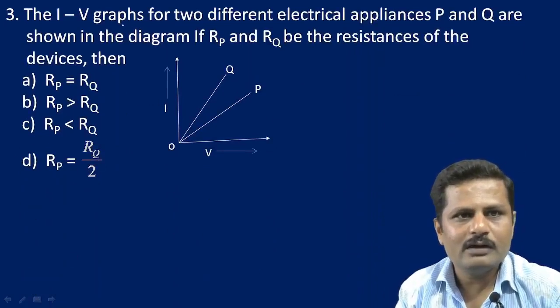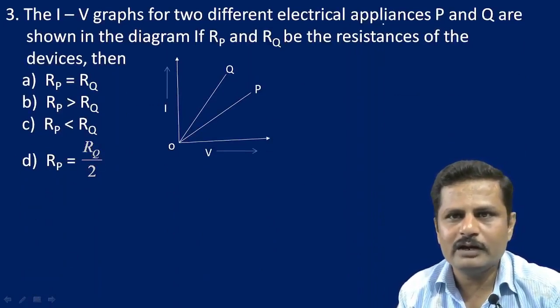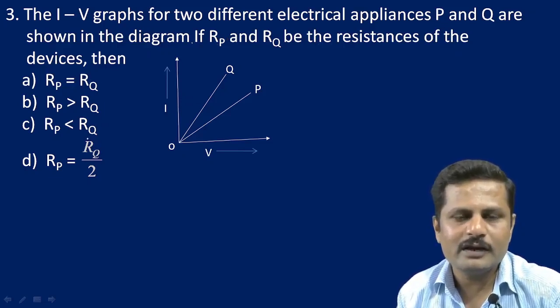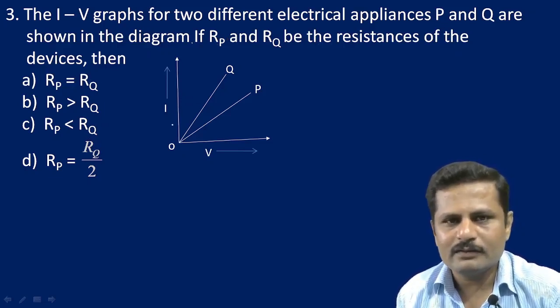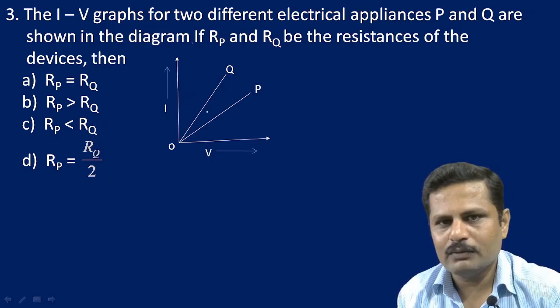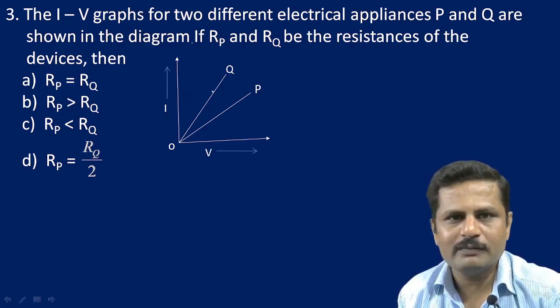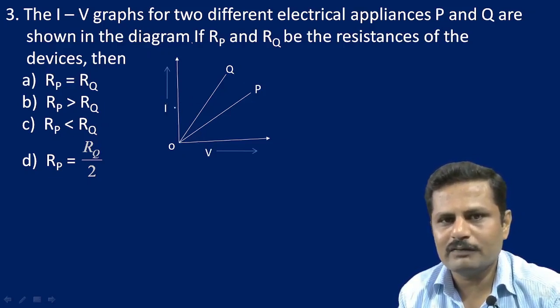the IV graph for two different electrical appliances P and Q is shown in the diagram. If Rp and Rq are the resistances of the devices, then, so this is the IV graph, and Q and P are representing the IV characteristics. As we know, the slope of the IV graph is equal to the reciprocal of the resistance.